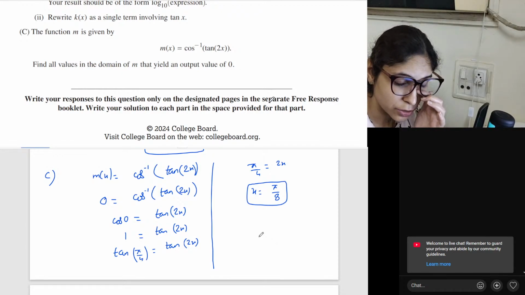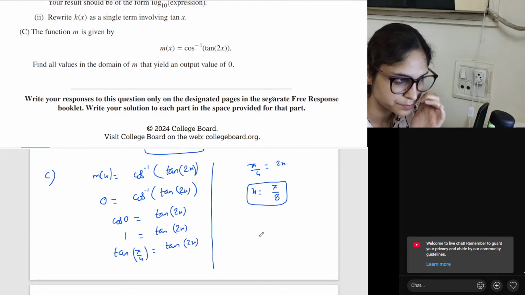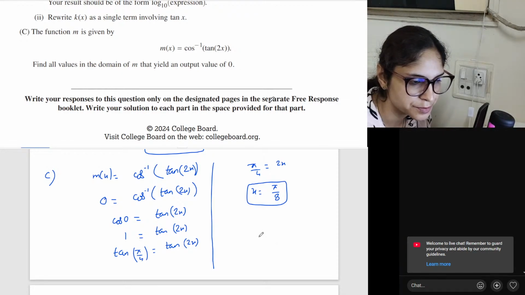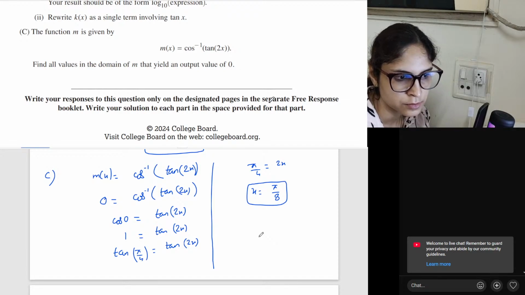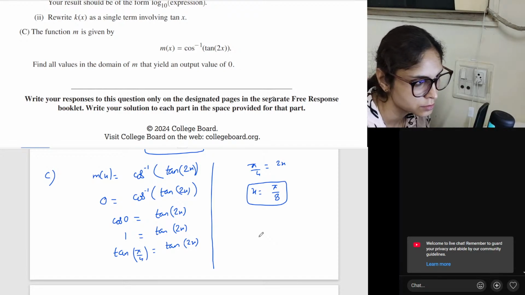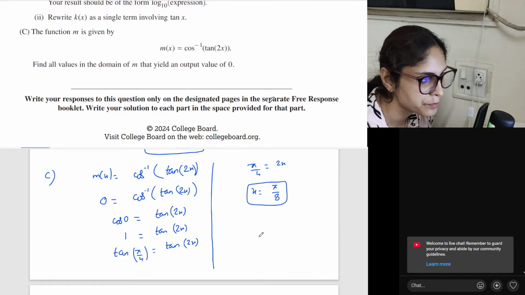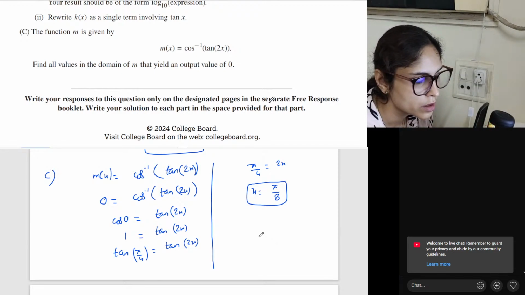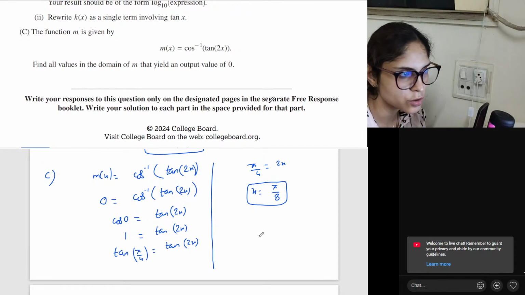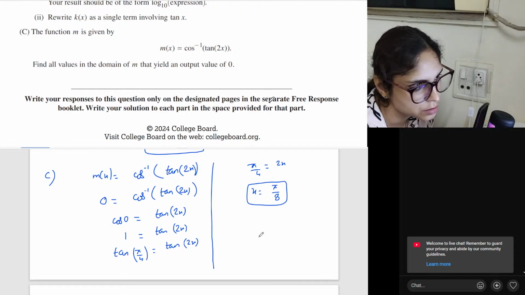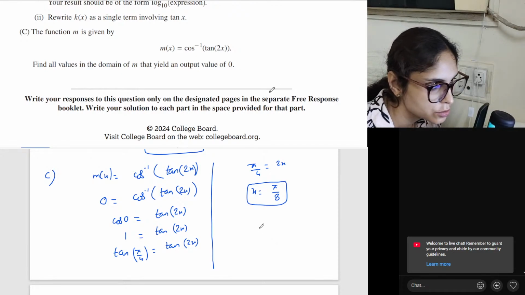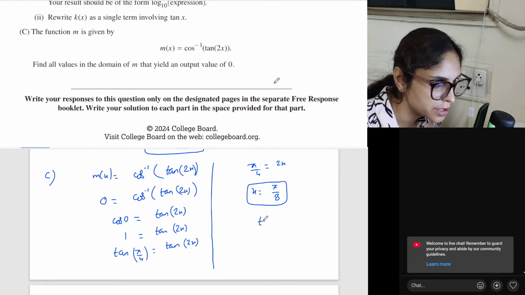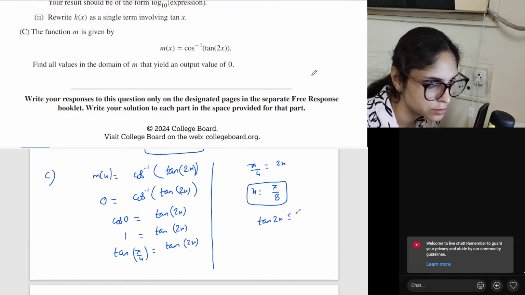And now if we take cosine inverse, inside cosine inverse the values can be from -1 to 1. So inside cosine inverse, tan 2x should be from -1 to 1. We're just trying to find the domain.